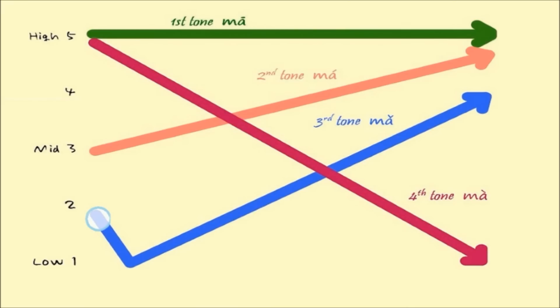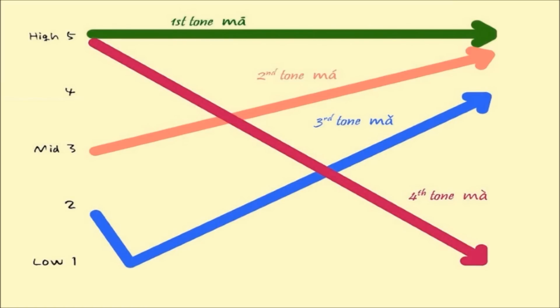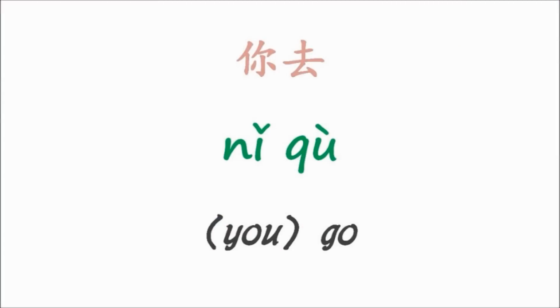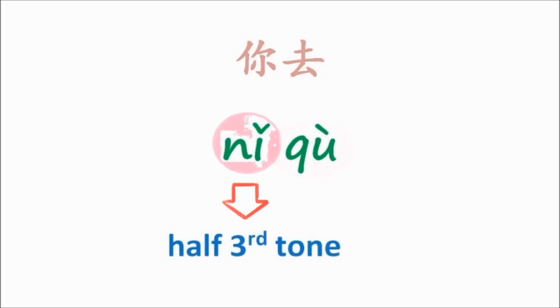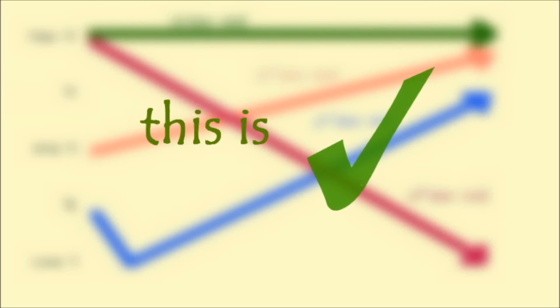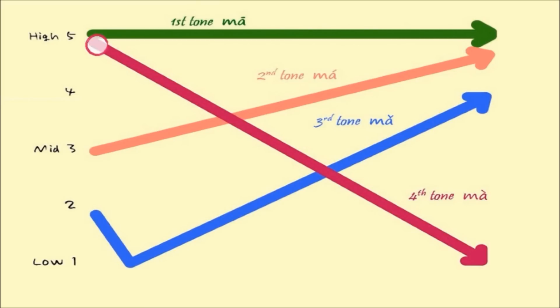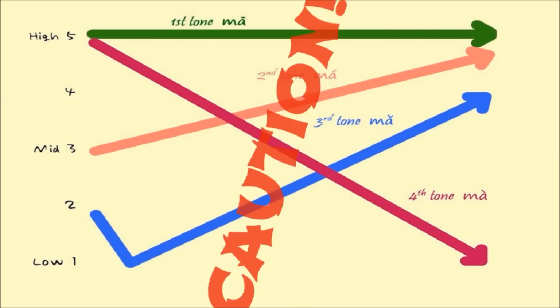We don't say 你来 but say 你来 你来. And then we have 你去. 你 is a third tone, 去 a fourth tone, so 你 becomes a half third tone. We don't say 你去 but say 你去 你去.